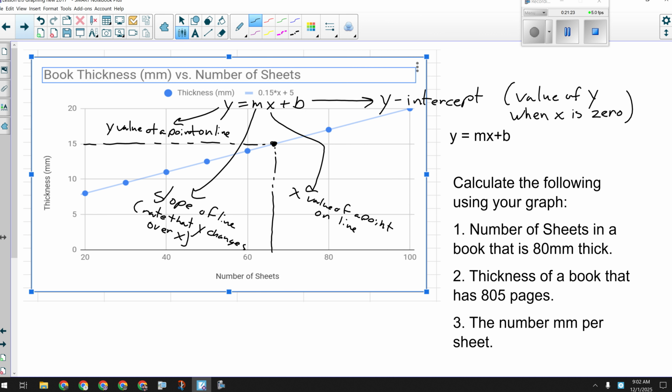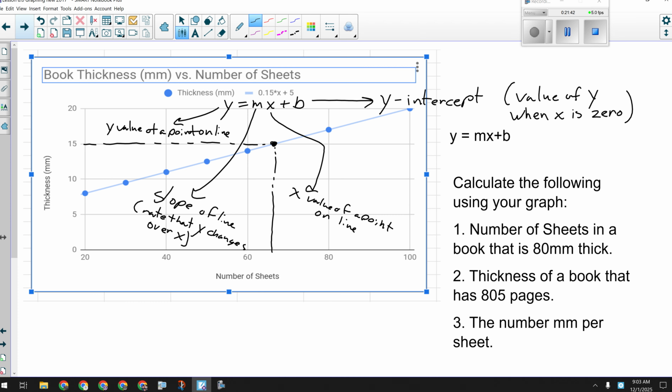The purpose of this equation is that it allows us to calculate values on the graph that we may not have plotted. That little black dot that I put on there is not one of the values in the data that you had. It's one I just put on there.